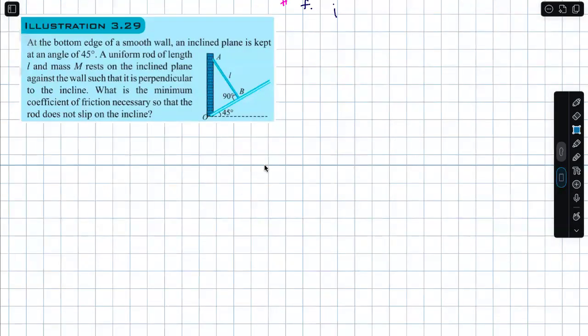First, let us try to draw the free body diagram of this situation.